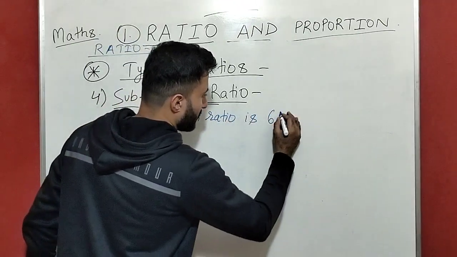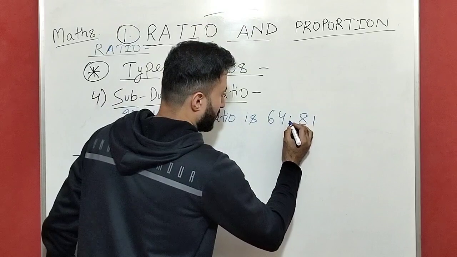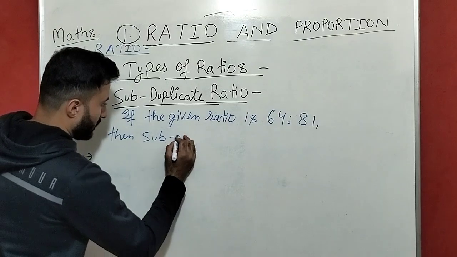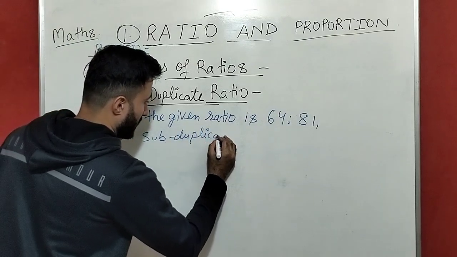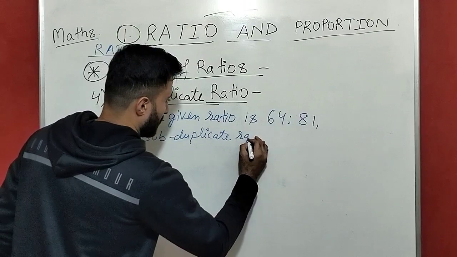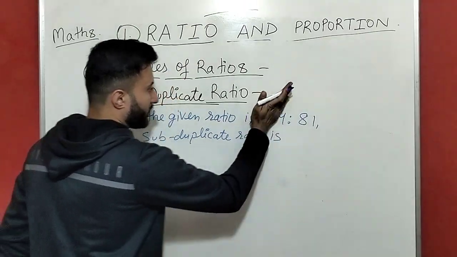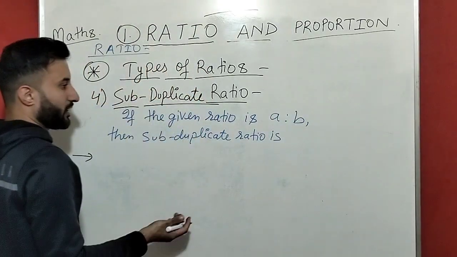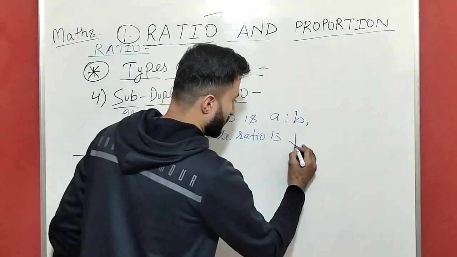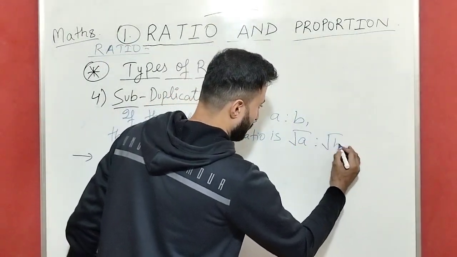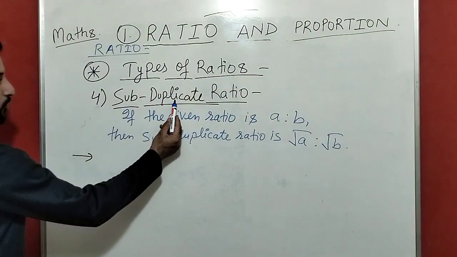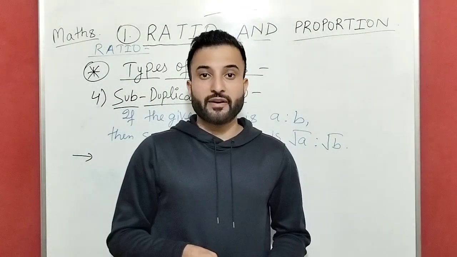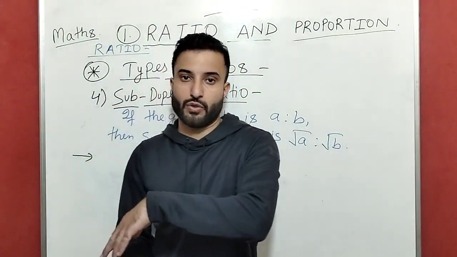Okay, so in sub duplicate, suppose the given ratio is 64:81. If I write it like this, if the given ratio is A:B, then the sub duplicate ratio is square root of A to square root of B. Because, see, duplicate ratio means square of that ratio.